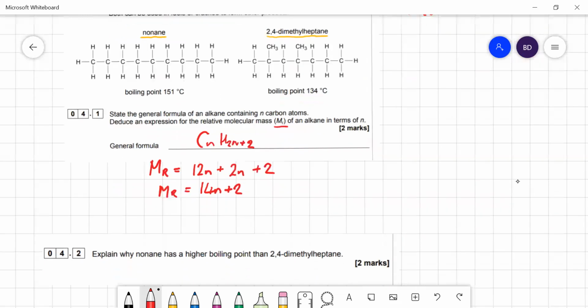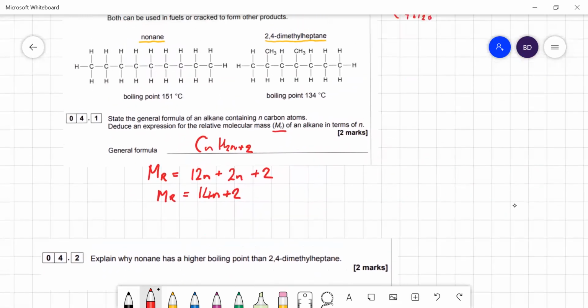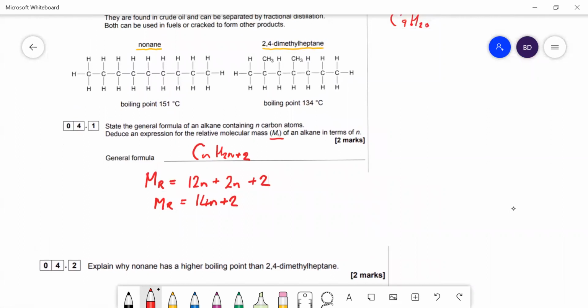Okay. Right, explain why nonane has a higher boiling point than 2,4-dimethyl-heptane, even though they've got the same molecular weight. Well, what kind of intermolecular forces are we getting here?